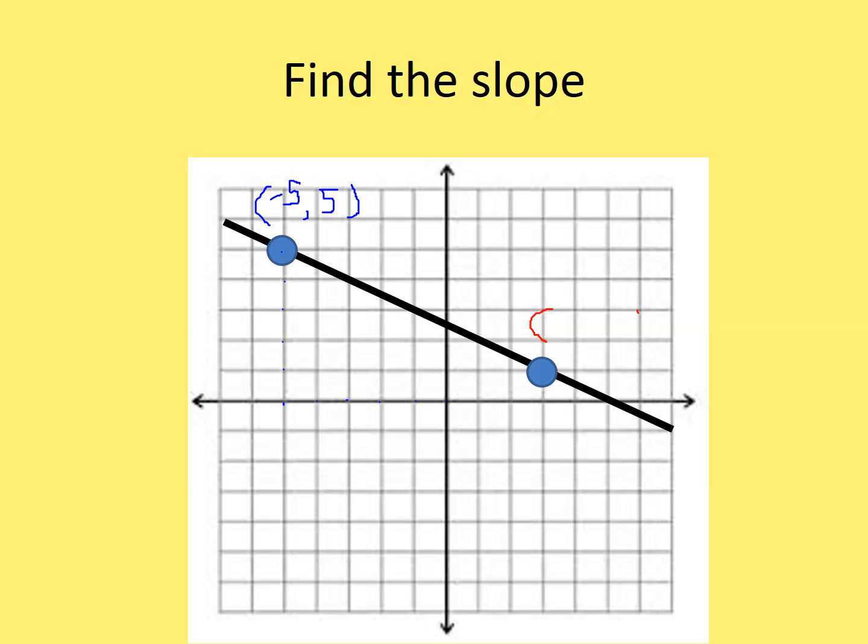For our next point, we go to the right 1, 2, 3, so that's positive 3, and then up 1 is positive 1. So remember that y1 minus y2 over x1 minus x2?